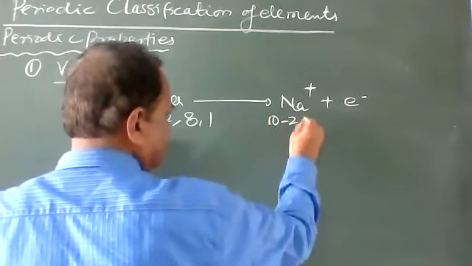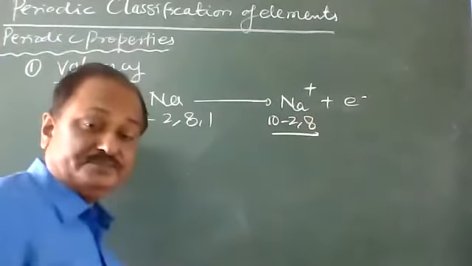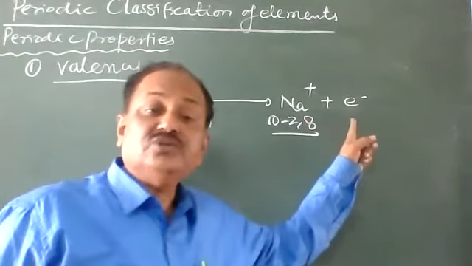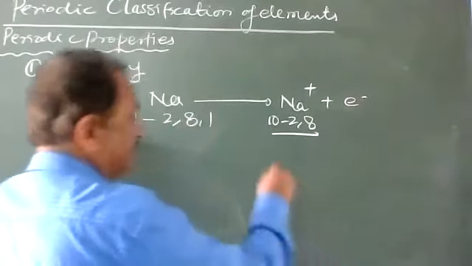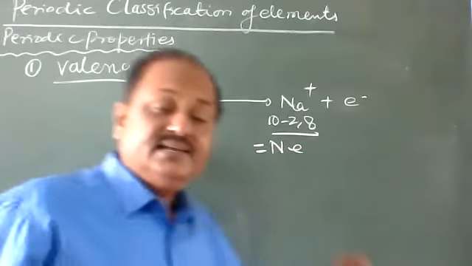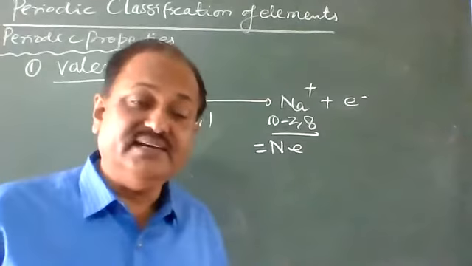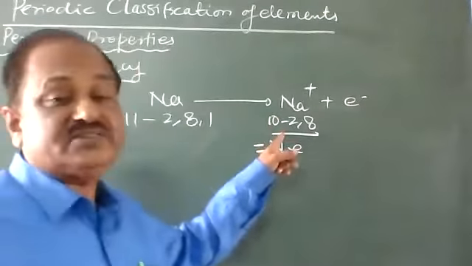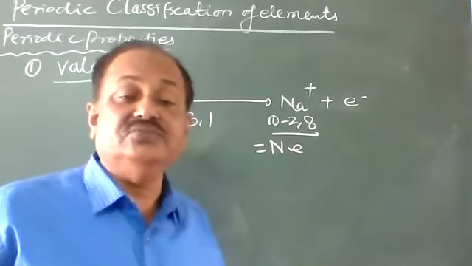So sodium by the loss of one electron has become equal to neon. We say that by the loss of an electron, sodium acquires the nearest noble gas configuration.